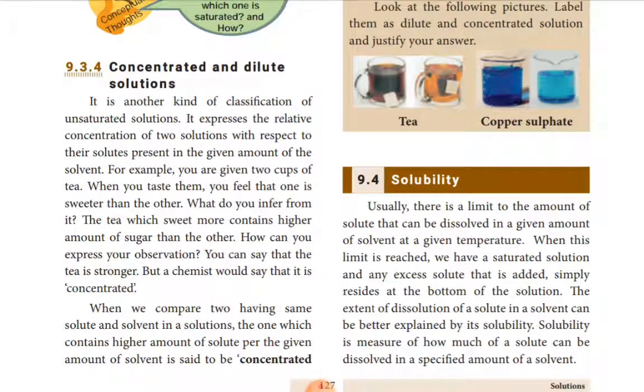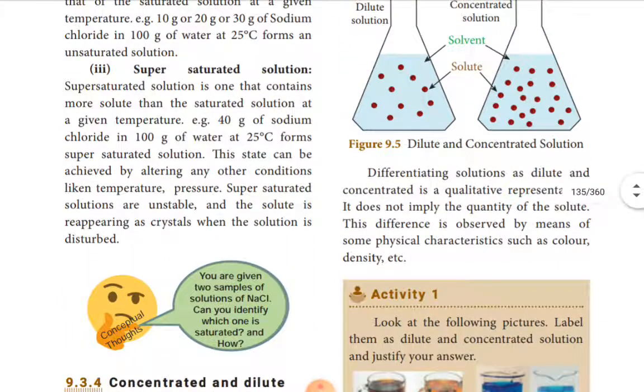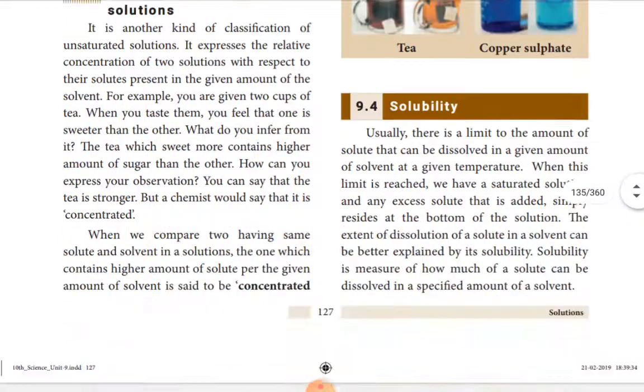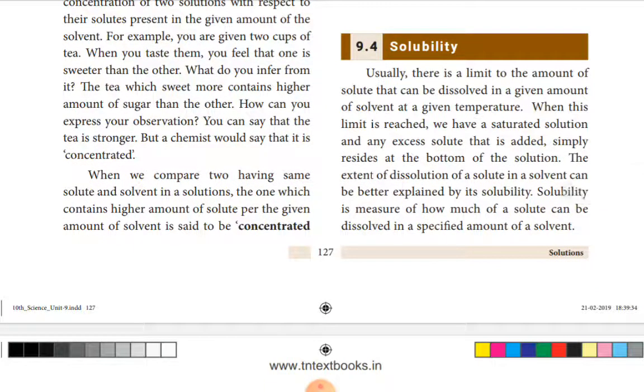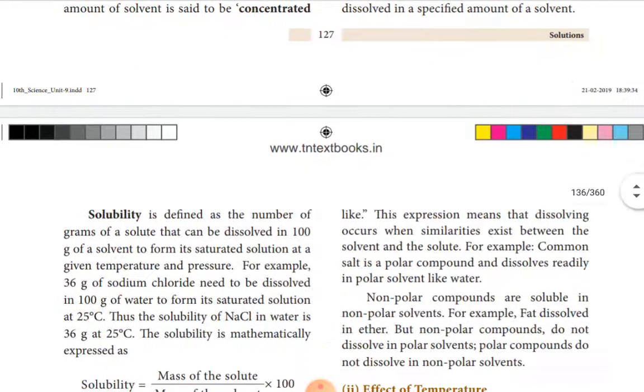If the solution contains less amount of solid, it is going to be a dilute solution. So this is simply a comparative term, observed by means of physical characters like color and density. Solubility is a measure of how much solid can be dissolved in a specified amount of solvent.